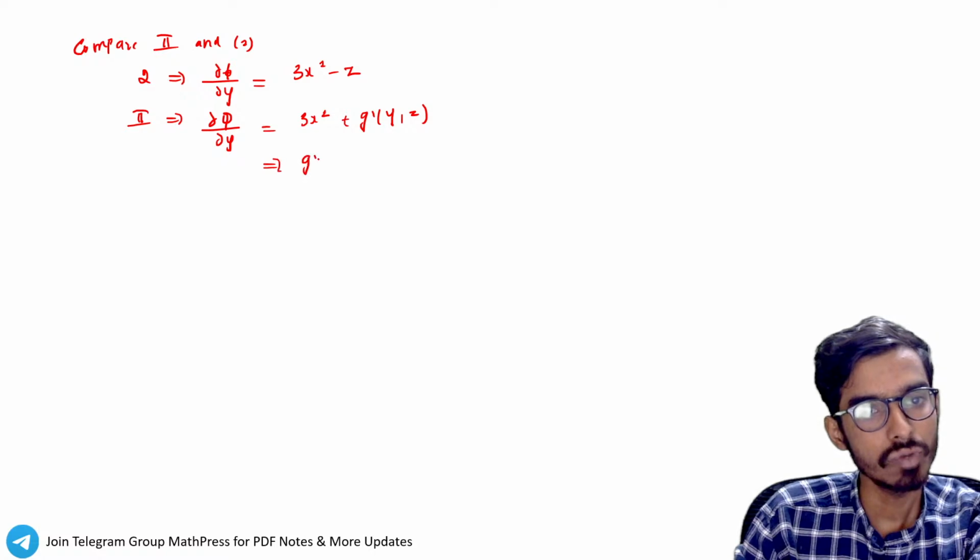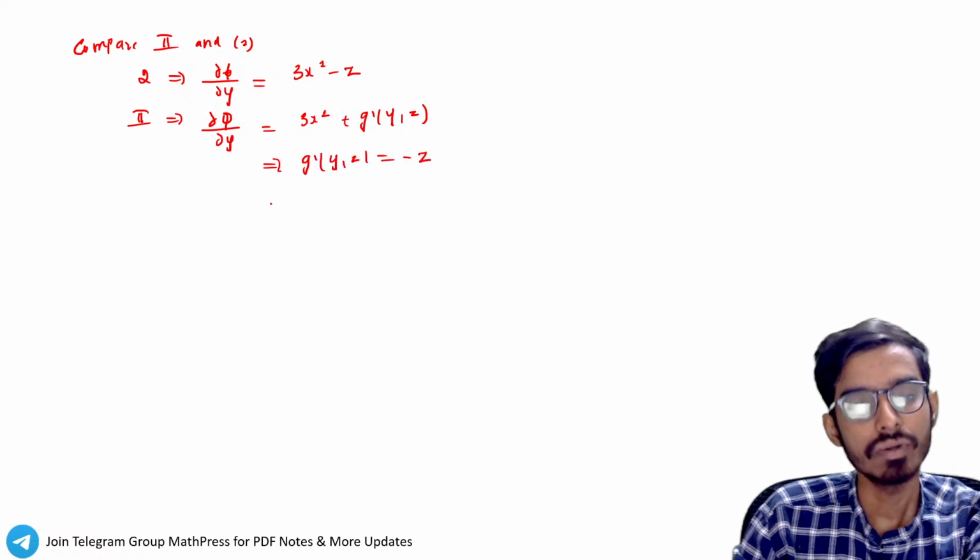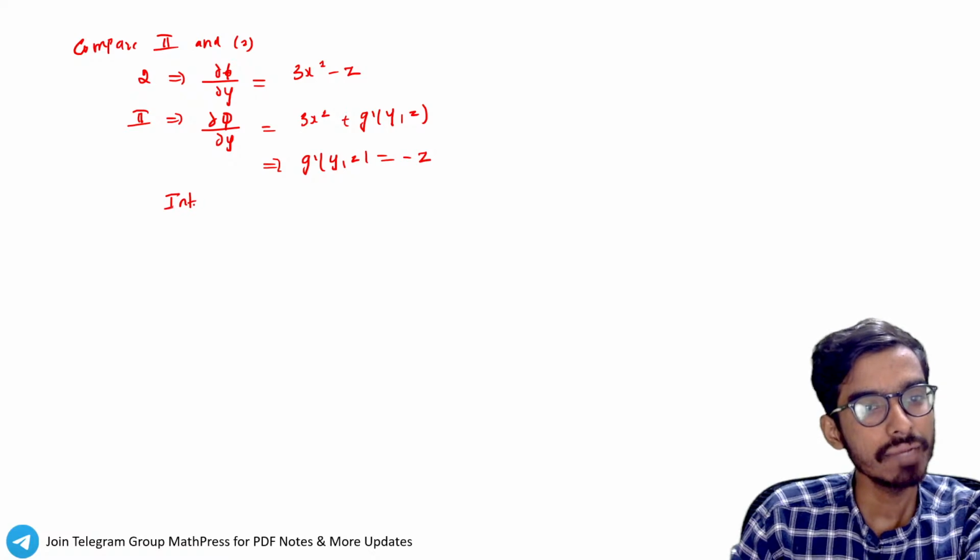When you compare, g dash of y comma z is equal to minus z. What you need to do? Integrate with respect to y.